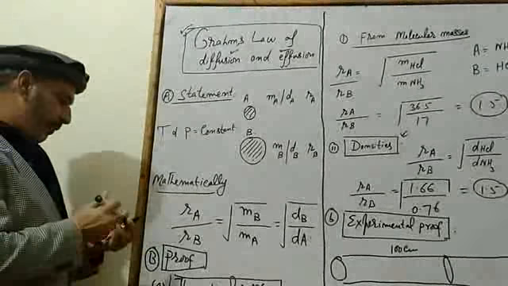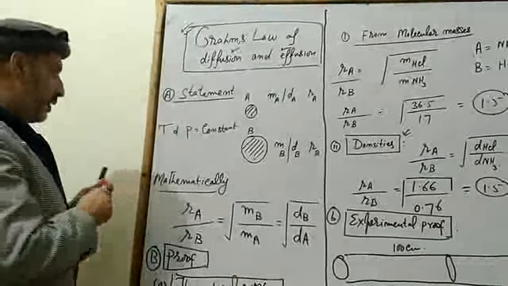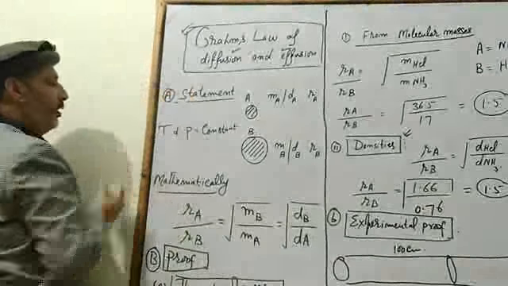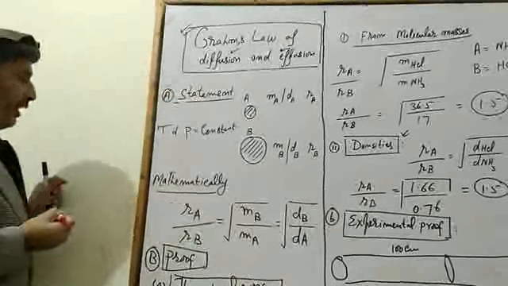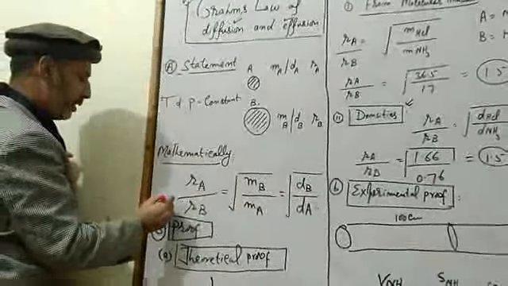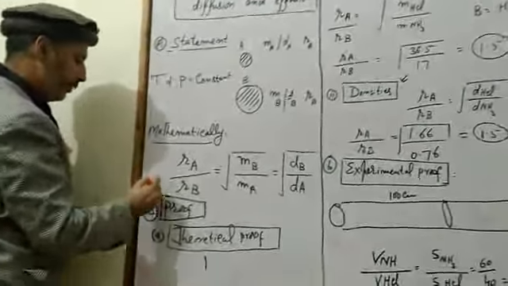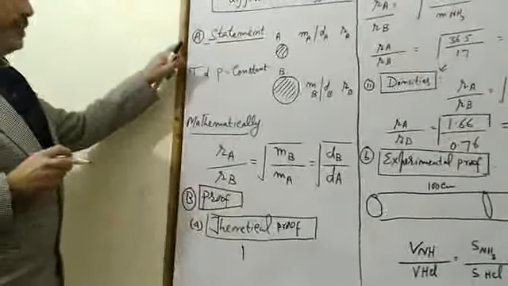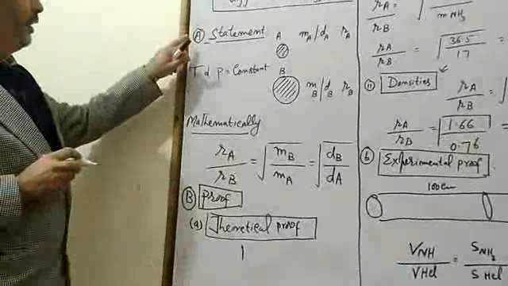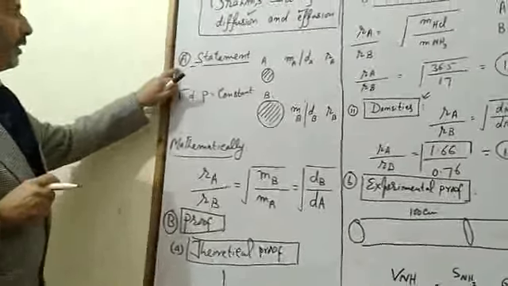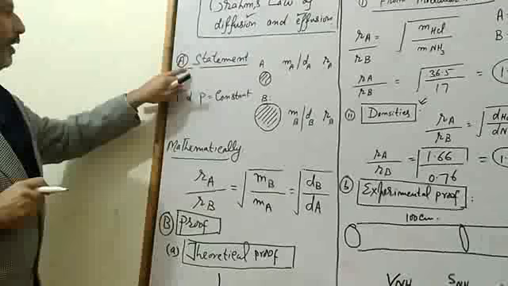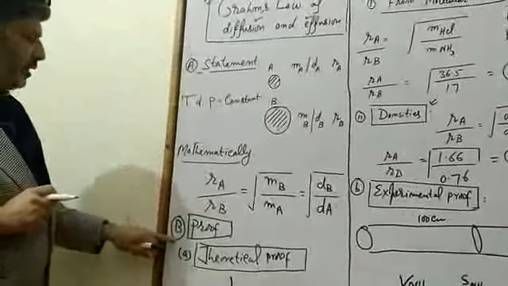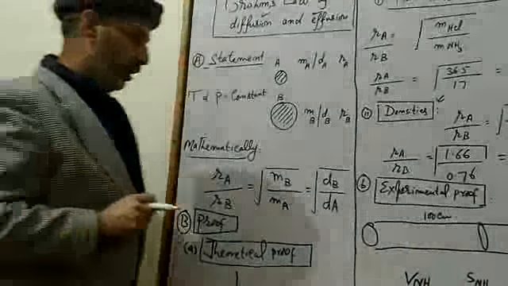In this law, we will discuss two points: one is the statement of the law, what the law says, and second is the proof of the law.